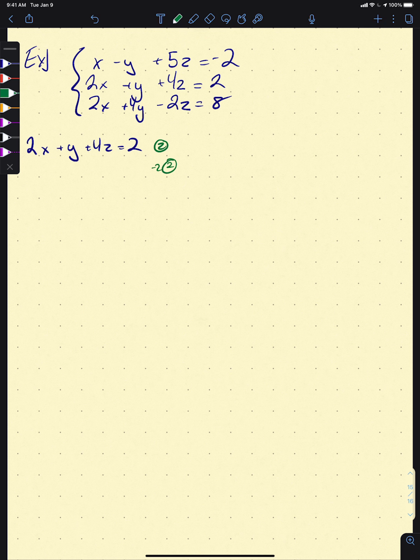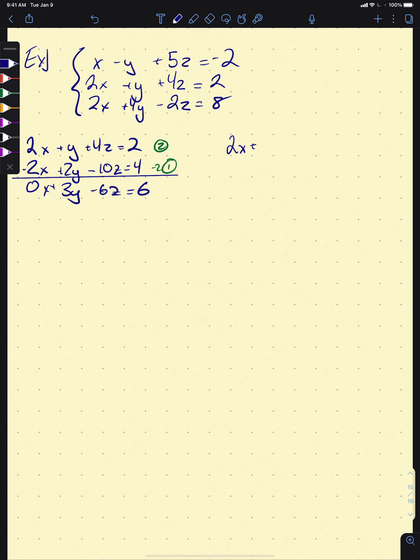Okay, so multiplying equation 1 by negative 2, it's going to come out to negative 2x plus 2y minus 10z equals 4. What do we get when we add these? We have 0 x's, 3 y's, negative 6 z's with an output of 6. Okay, and so that's going to redefine our equation 2.